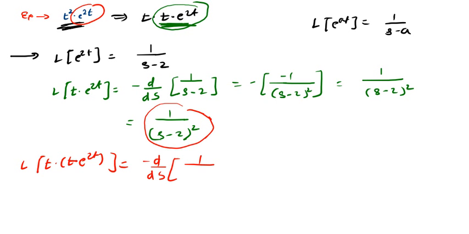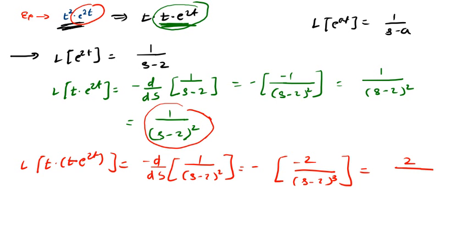So the derivative of this, s minus 2 whole square, gives minus 1 upon... the derivative will be minus 2 upon s minus 2 to the power 3. So this is equal to 2 upon s minus 2 to the power 3. You can also find its Laplace transform using the first shifting theorem, and you will get the same answer, that is 2 upon s minus 2 to the power 3. Okay, so hopefully you are understanding.